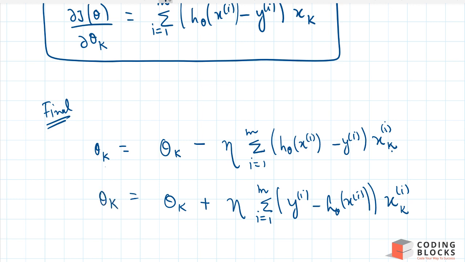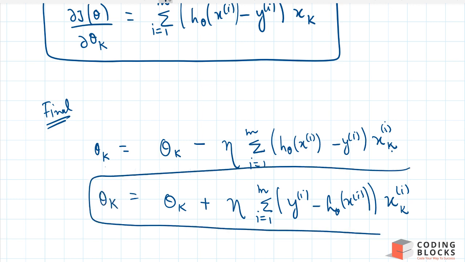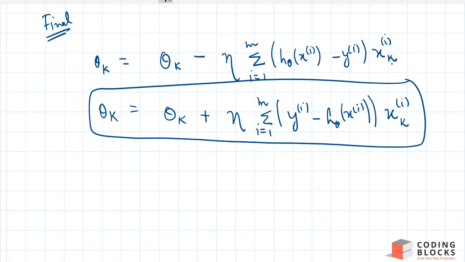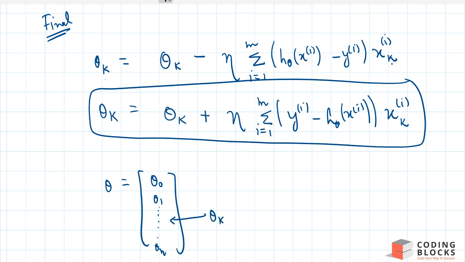So this is how you will update θk, and theta was a vector, so this update you will apply for all thetas, θ1 to θn. I have given you the update for a given θk, and similarly you will apply updates for all the thetas. So this is your gradient descent algorithm.